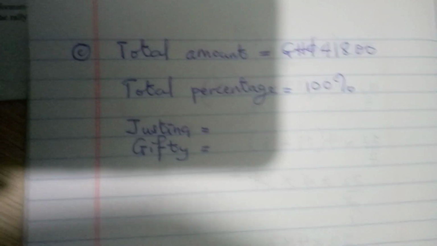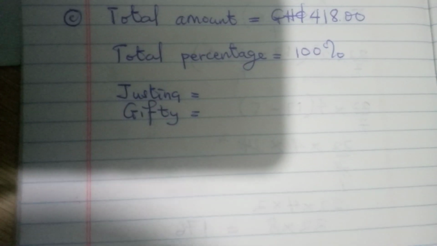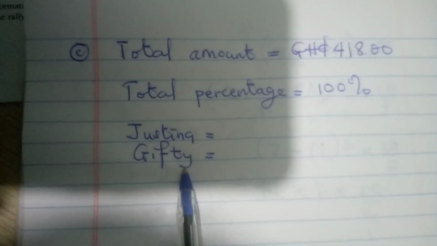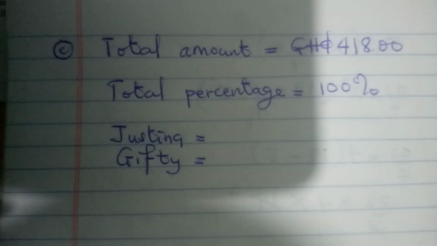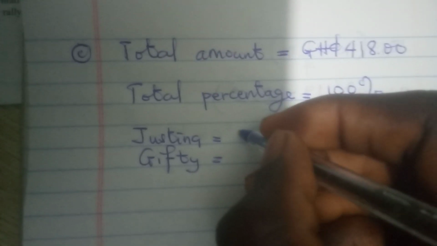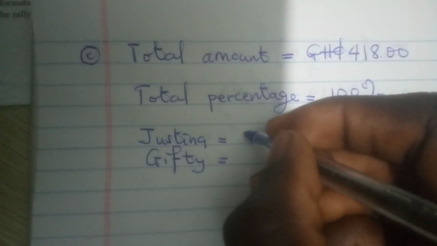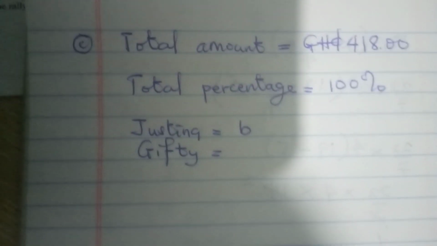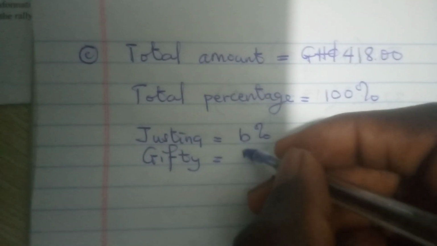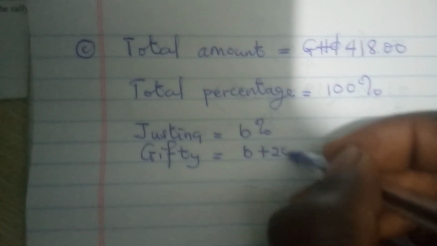In terms of percentage, we don't know what Justina received. But the question is saying that Gifty received 20% more. So if Justina received, let's say, a variable, let's say B, then Gifty is going to receive B plus 20%.